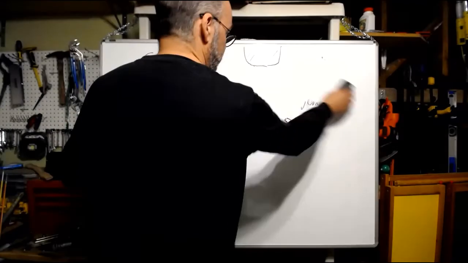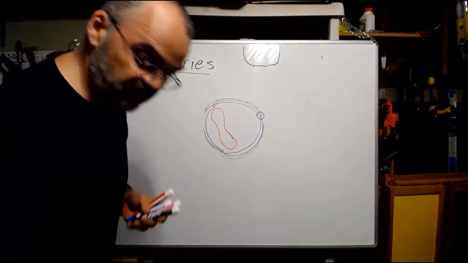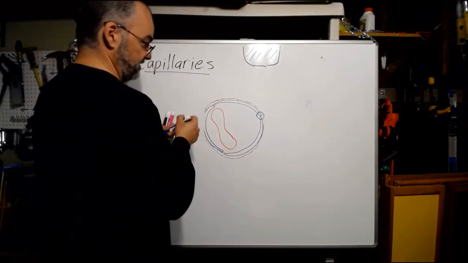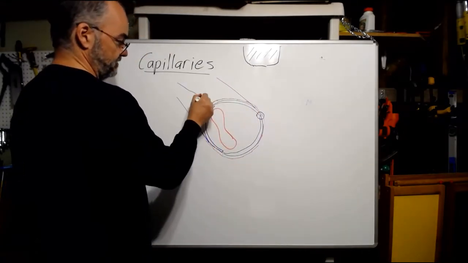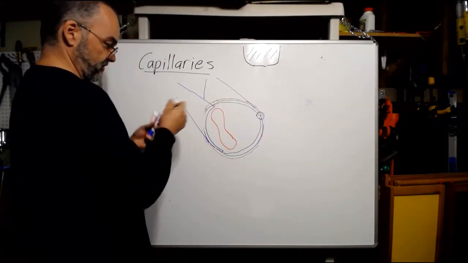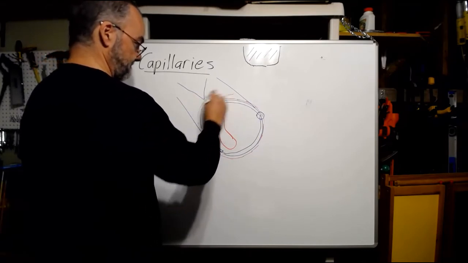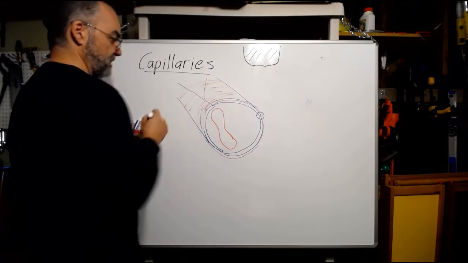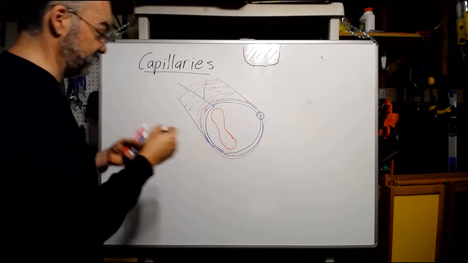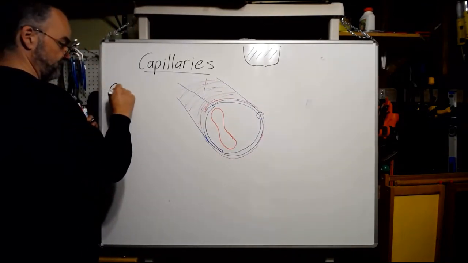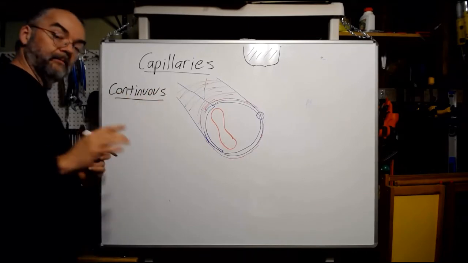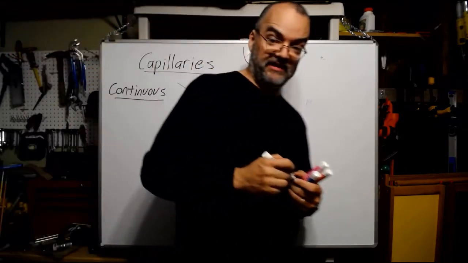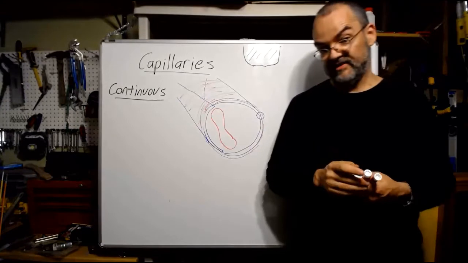So what I've drawn here with the leaky junction is the most common kind of capillary. If we extend this out again into that pseudo 3D drawing, and draw on my basal lamina, then what I've got is what we call a continuous capillary. Most of the capillaries in your body are continuous capillaries.